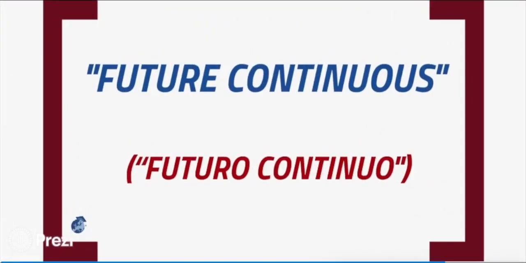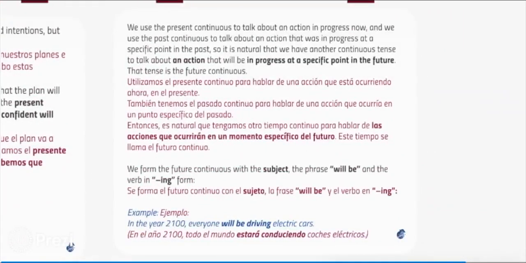Future continuous. We use the present continuous to talk about an action in progress now, and we use the past continuous to talk about an action that was in progress at a specific point in the past.